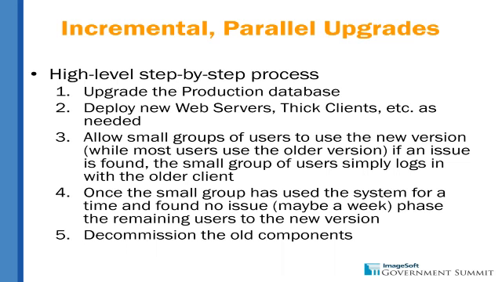Then I deploy, again on my own schedule, new web servers, new thick clients as needed to different departments, to different groups of users. I typically, so let's say I was upgrading one core, or maybe a clerk's office. I might pick 2 or 3 power users and upgrade them only, so that even if they found a problem, I'm not impacting the majority of the users.